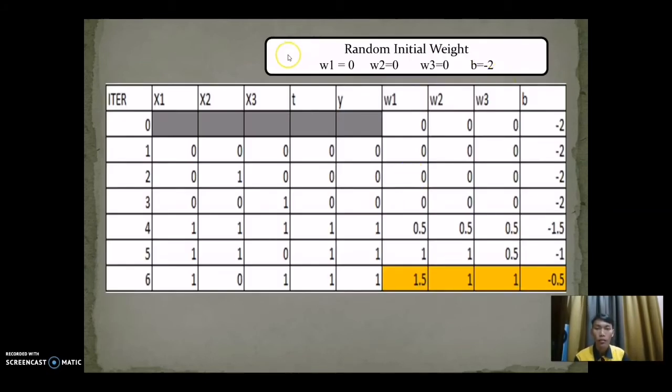So as you can see here, the first is the random initial weight. W1 is equal to 0, W2 is equal to 0, and also W3 is equal to 0. B is equal to -2.